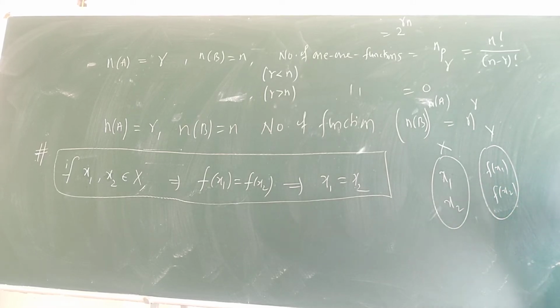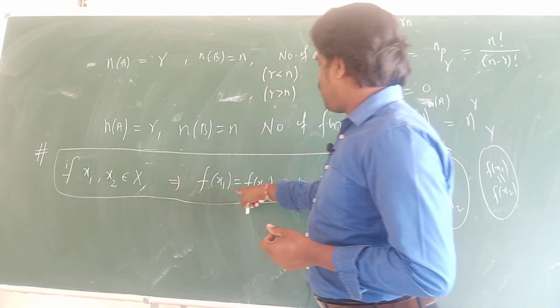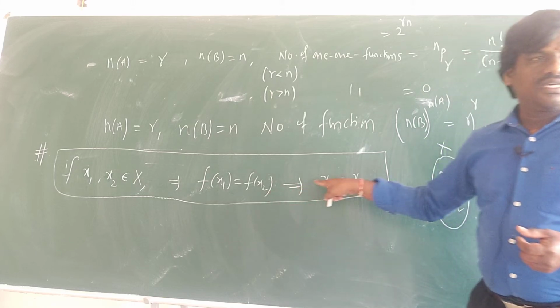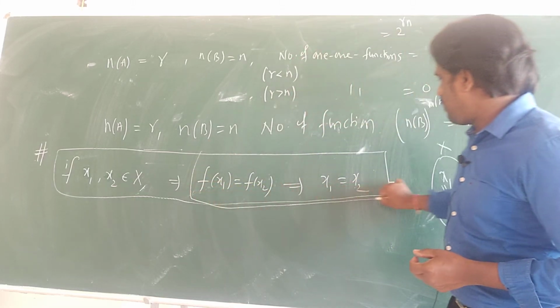If both images are equal, then these both will be equal. Then different elements have different images. So the condition is, if x1, x2 belong to capital X, f of x1 equal to f of x2 implies x1 equal to x2. Mainly you have to focus on this part.